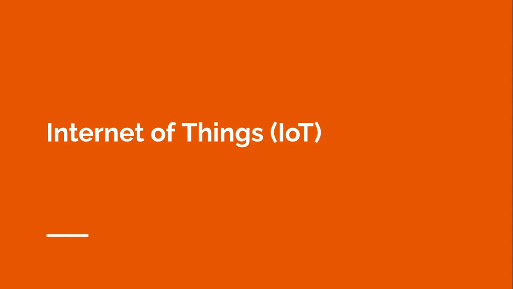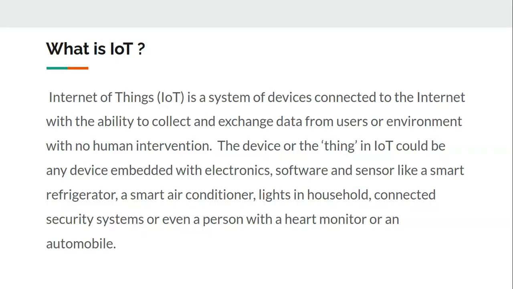We say Internet of Things is a system of devices connected to the internet with the ability to collect and exchange data from users or environment with no human intervention.